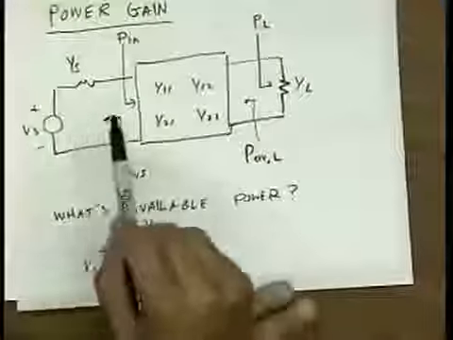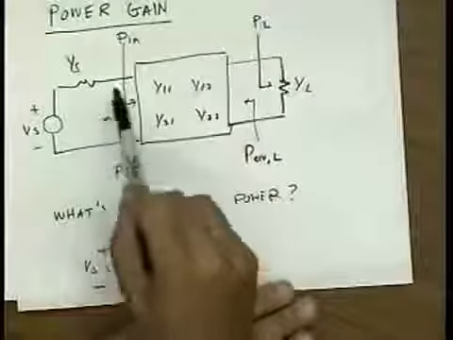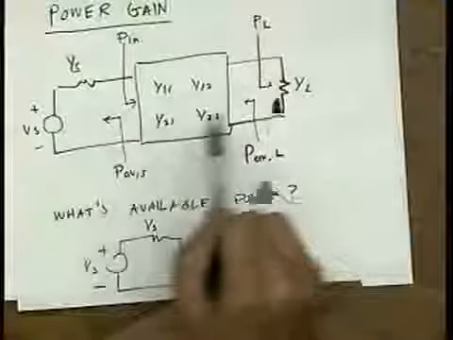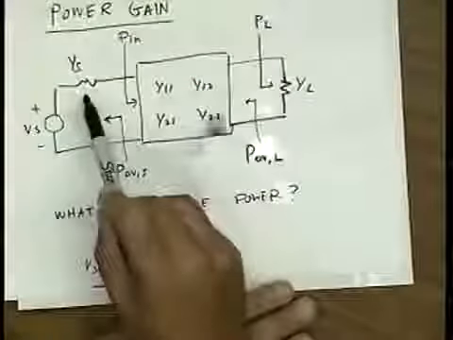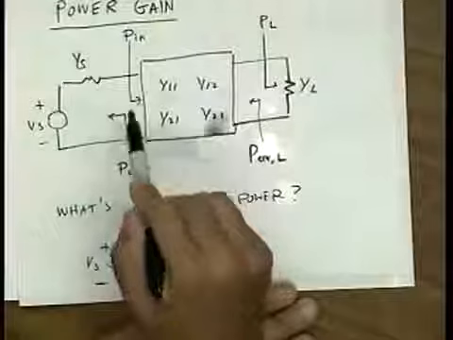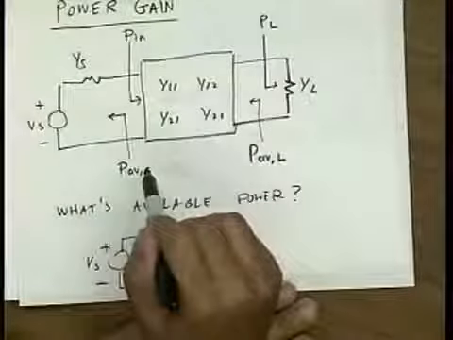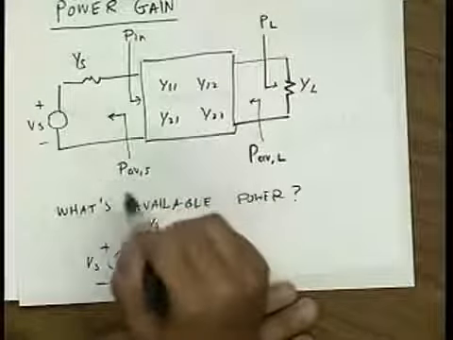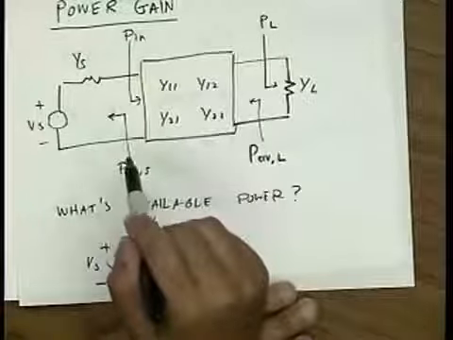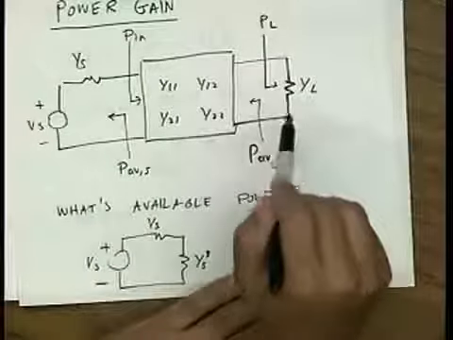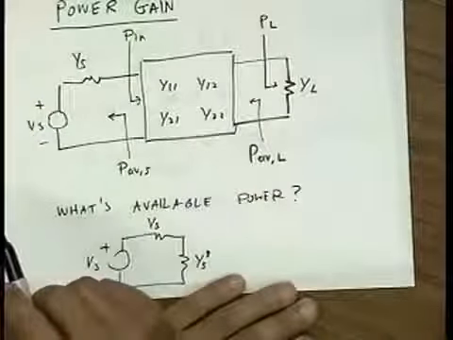If I come here and, instead of putting in this 2-port, just connect my load and make my load the complex conjugate of Ys, I'll extract the power available from the source, right? I'll extract this quantity, which is the power that's available from the source. Now I compare that to how much power is actually going to the load. And so this transducer gain tells me how much better I'm doing normalized to a simple termination, right?